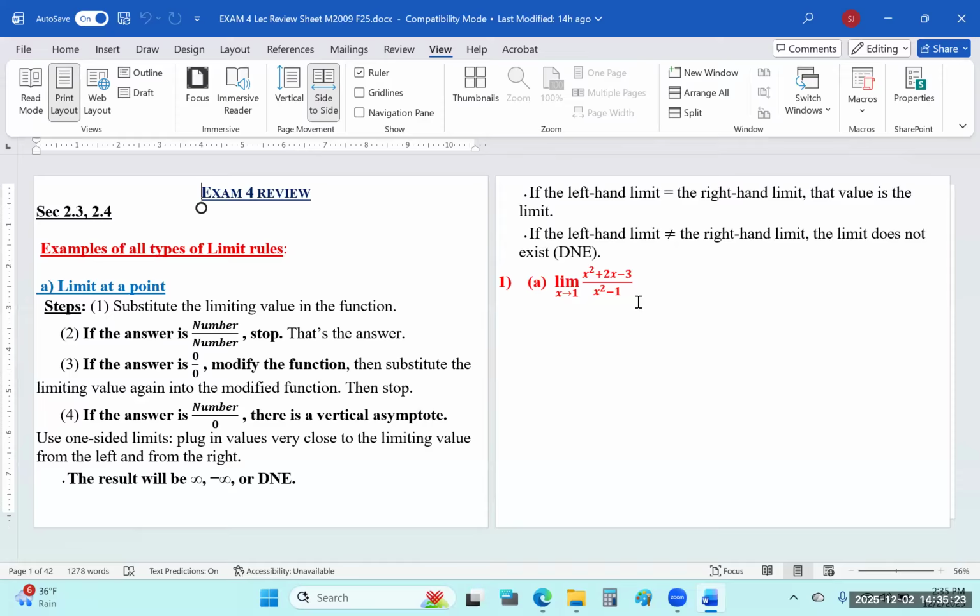And then you have number over 0. If you have a number over 0, then that means you're dealing with a vertical asymptote. For a vertical asymptote, you take 2 numbers, left and right, and substitute into the limiting value.